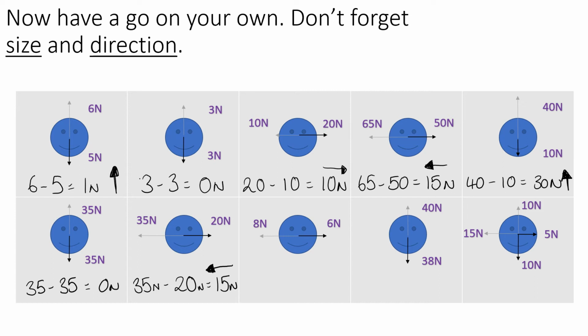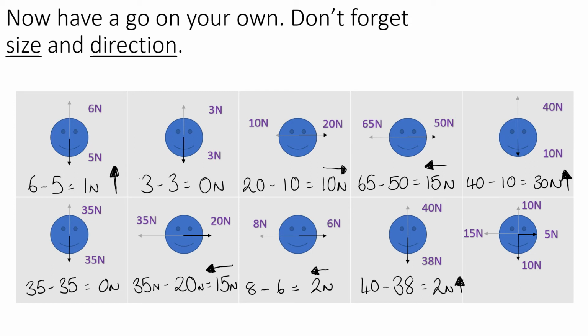Your next one, you've got 8 left, 6 right, so that is 2 newtons to the left. Your next one, we've got 40 up and we've got 38 down, so that gives us 2 newtons and it's going to be going up.